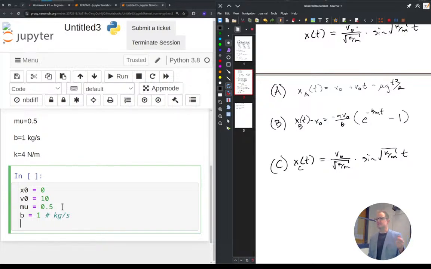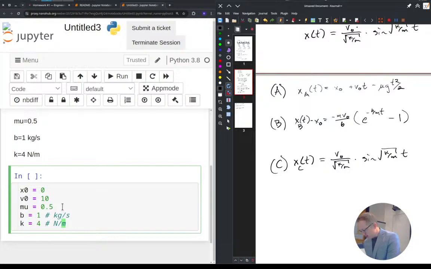So damping is measured as a mass per second, which makes sense because it's like fluid flow, how much fluid flow you need to damp something. And then we got K as 4 newtons per meter.